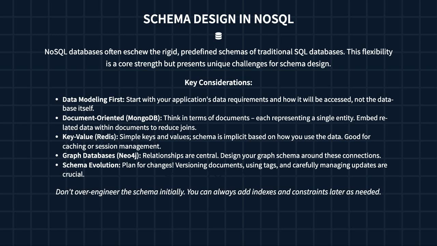Embedding related information within those documents avoids needing complex joins later on. For key value stores like Redis, the schema is often implicit. You just define your keys and values based on usage. Graph databases are all about relationships, so designing the schema to reflect those connections makes a lot of sense. And finally, remember that NoSQL schemas can change over time. It's good practice to have a plan for managing these updates.